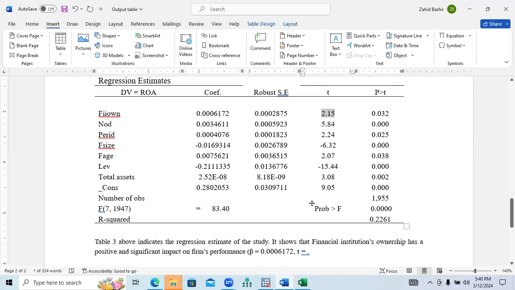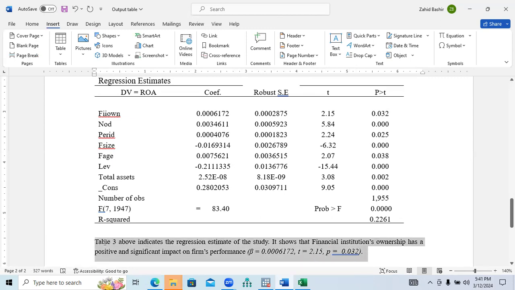You can also write the p value, which is 0.035. It is less than 5%, so it makes it significant. You can make it italic, Control I. So this is how you can interpret a regression.